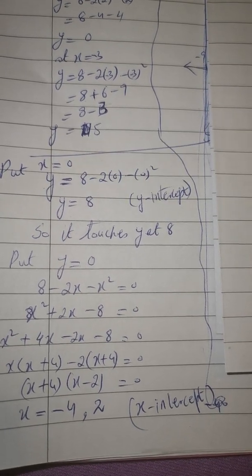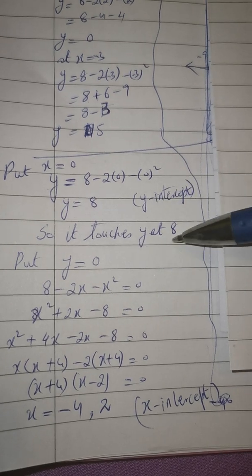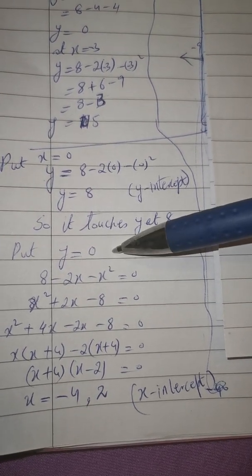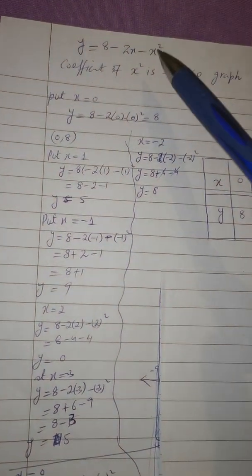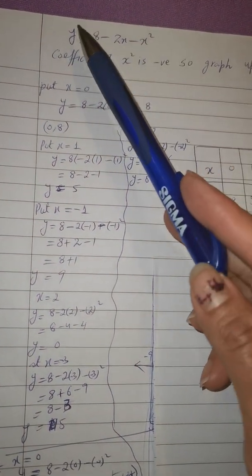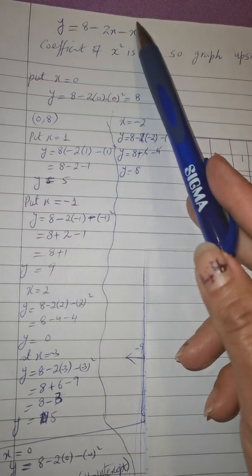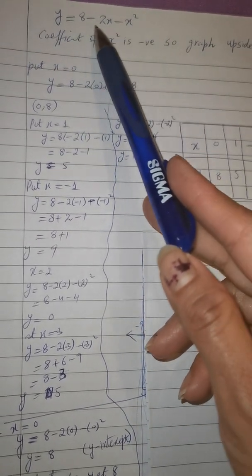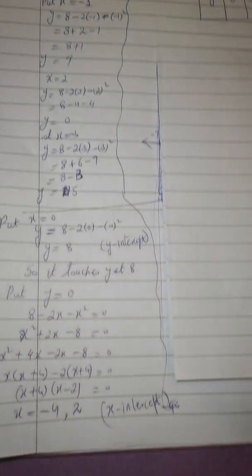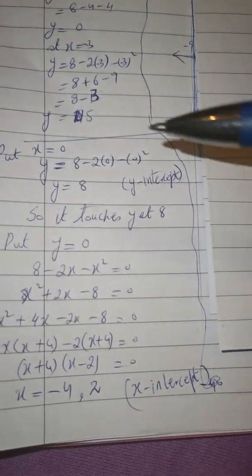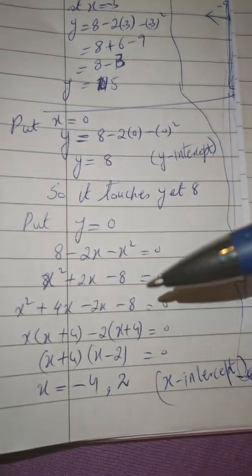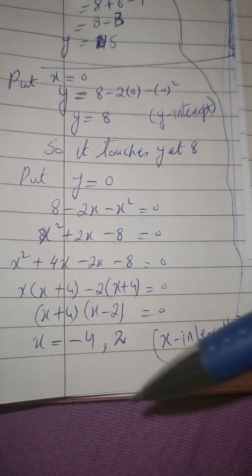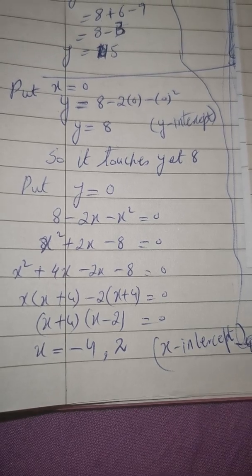When you put x is equal to 0, it touches the y-axis at 8. And when you put y is equal to 0 in the given equation, you will get a quadratic equation, and you can solve it by using factors. If it is possible to use factors, you can make the factors easily, and you will get two values of x.